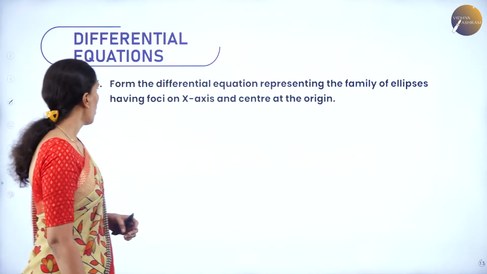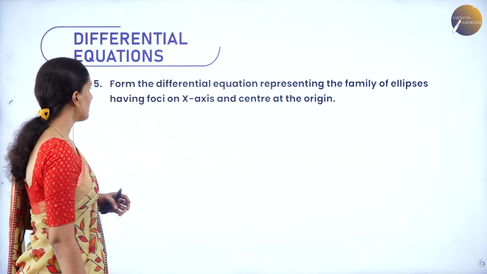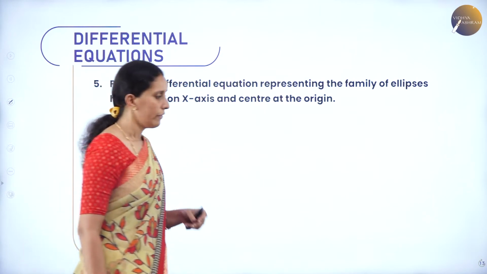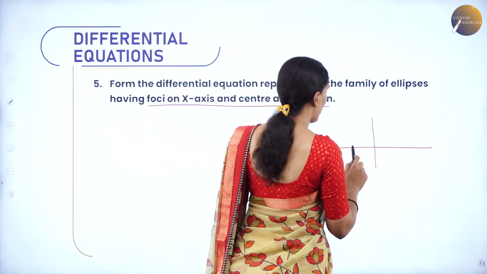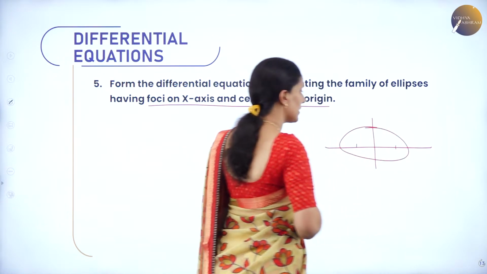Next question. Form the differential equation representing the family of ellipses having foci on x-axis and center at the origin. They have clearly given that the foci are on the x-axis and the center is the origin. So if we consider two foci for an ellipse, this represents the ellipse.